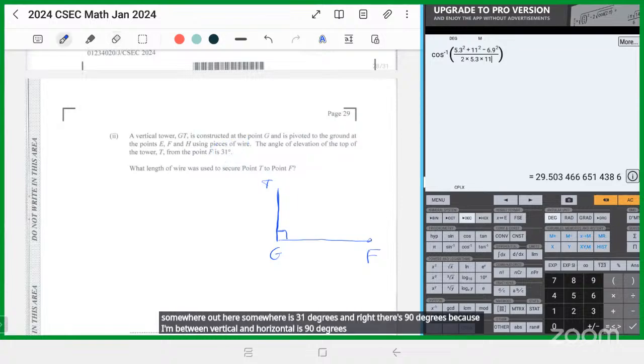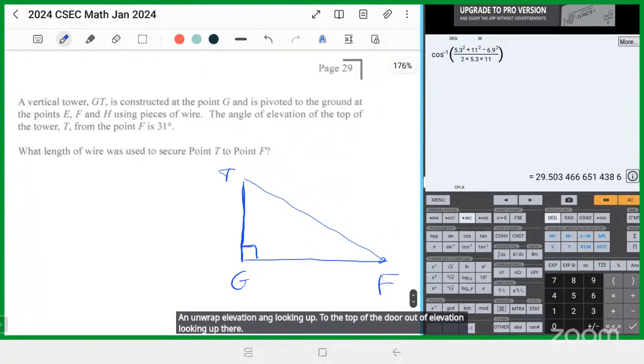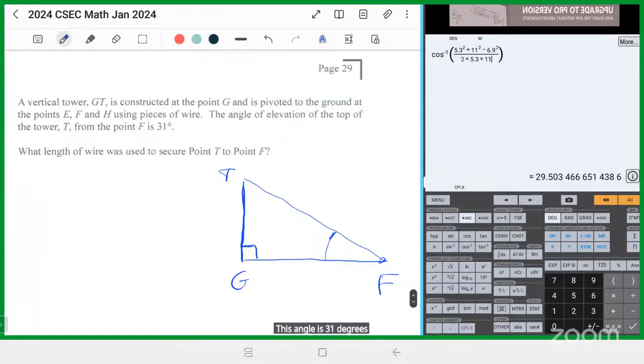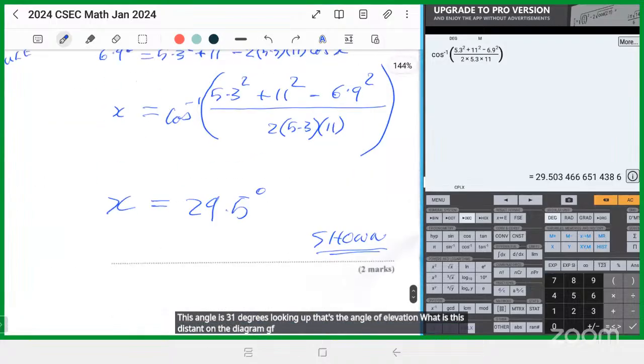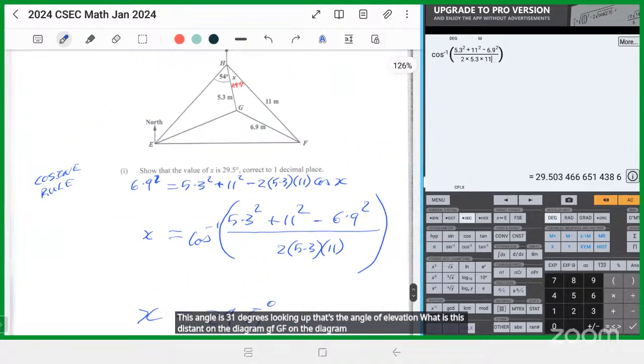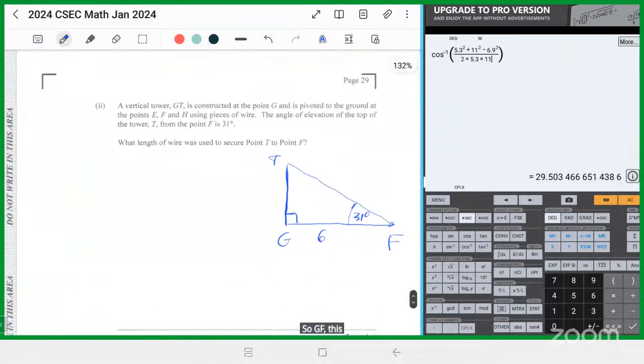The angle looking up to the top of the tower is 31 degrees. What is this distance on the diagram? GF on the diagram, remember, is 6.9, so this distance on the ground is 6.9 meters. That's the elevation view for that situation.